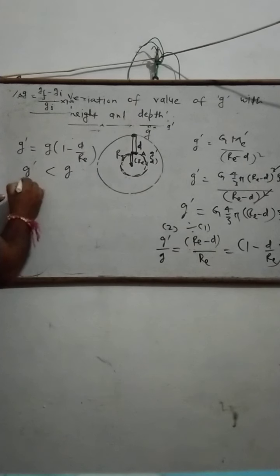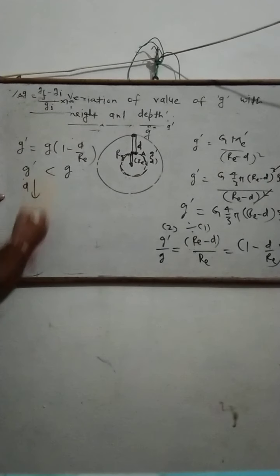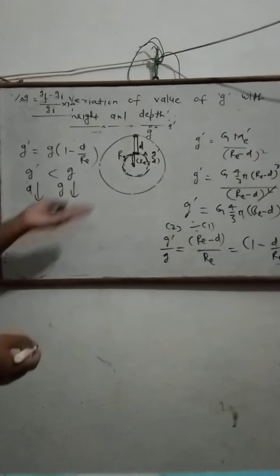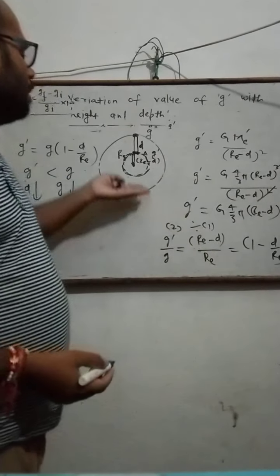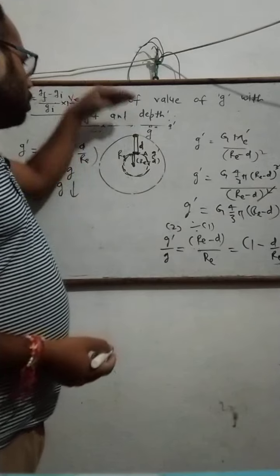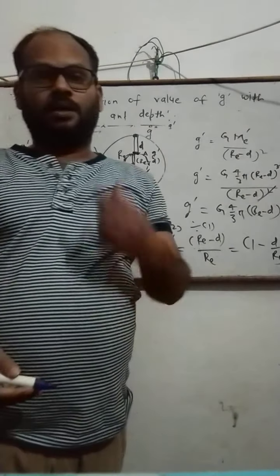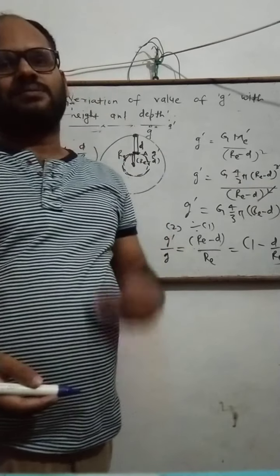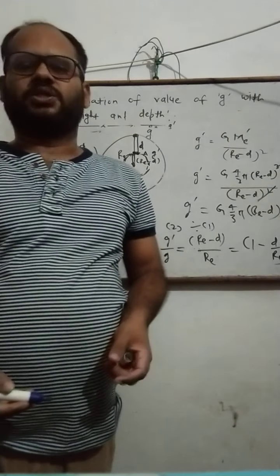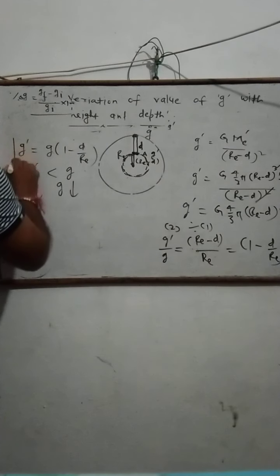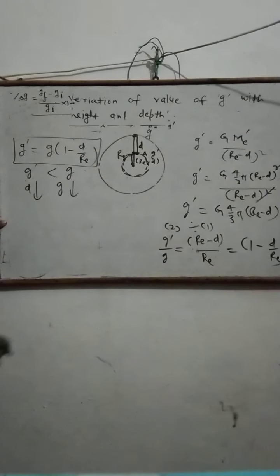So as you move downwards, the value of g will also decrease. So whether you go upwards or downwards from the surface of Earth, you will get less weight, meaning the value of g will decrease. So now this will be the formula here.